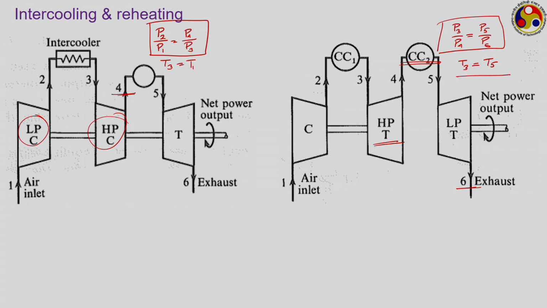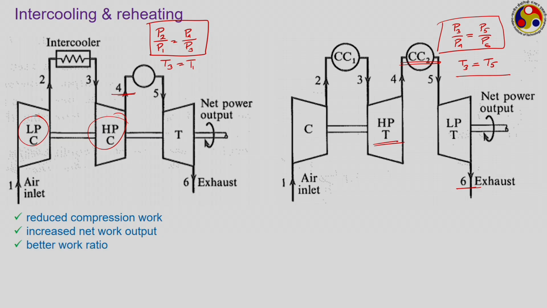But now, what are the effects of intercooling and reheating? For intercooling, we get a reduction in the compression work, while the turbine work may remain the same if there is no reheating or change on the turbine side. Therefore, there is an increase in the net work output and an improvement in the work ratio, or a reduction in the back work ratio.